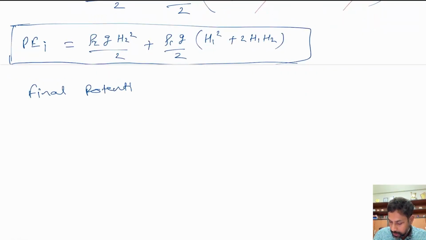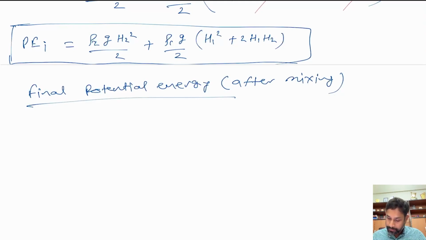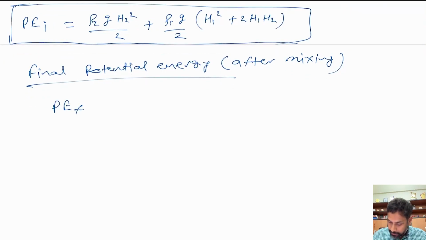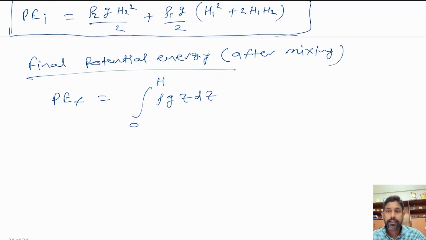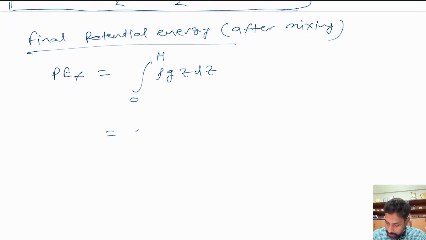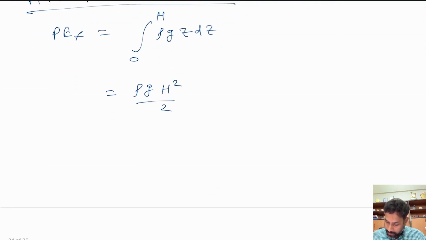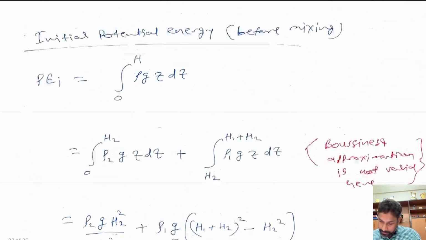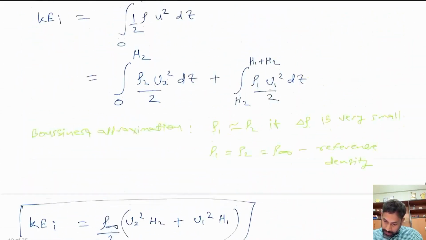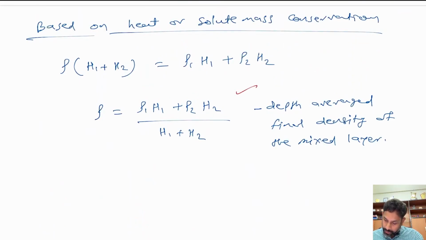So this is the initial value, and now we can also get the final potential energy after mixing, right? So to do that, PEF is again integrated from 0 to capital H of rho g z dz, and here the rho is the depth average density that we have already defined, and this will give us rho g H square over 2, where we can write rho as the depth average density that we have defined here, this one.